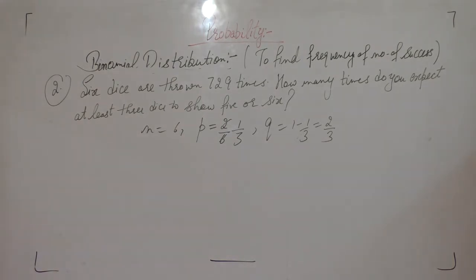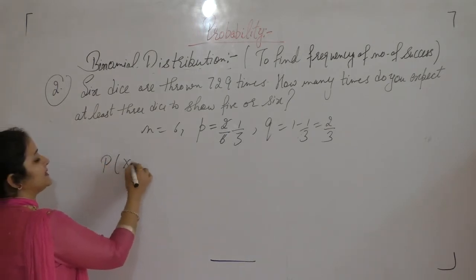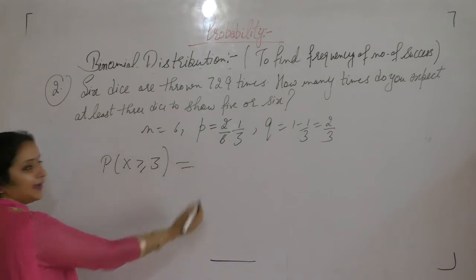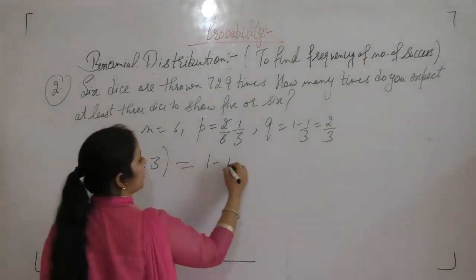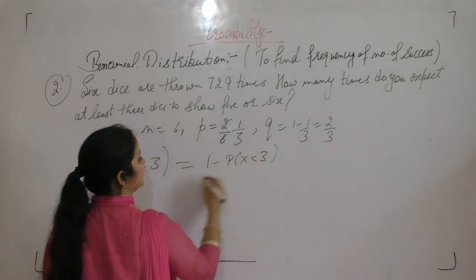Now, how many times do you expect at least 3? At least 3 means 3 से ज़्यादा भी हो सकती हैं, 3 और 3 से ज़्यादा. So 1 minus probability x less than 3.